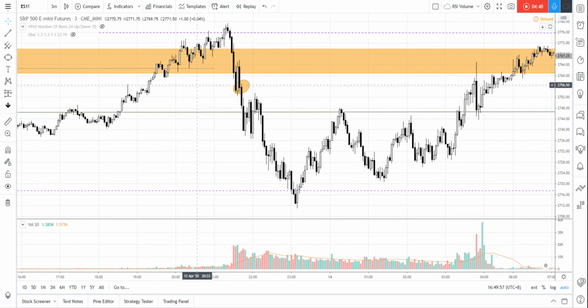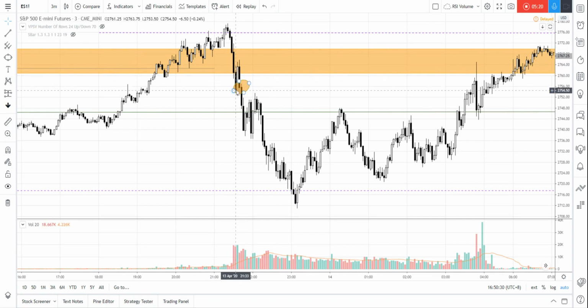As you can see, right before the US session opened, the S&P 500 was pushed higher and higher, and then eventually lost momentum. Once it got started at 9:30, we see a big bar hit right here, and then we break this resistance area.